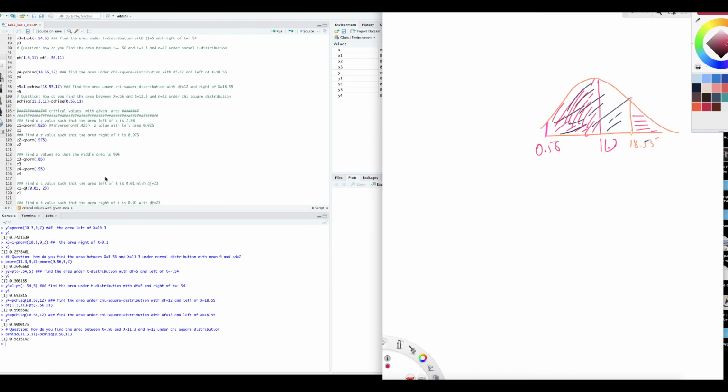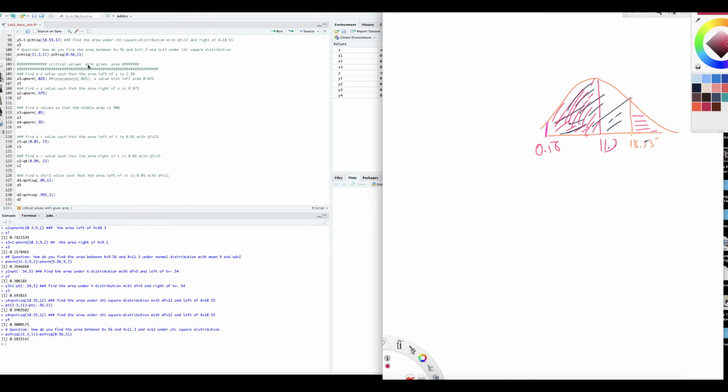Find the critical values with a given area: find a G value such that the area left of G is 2.5%.